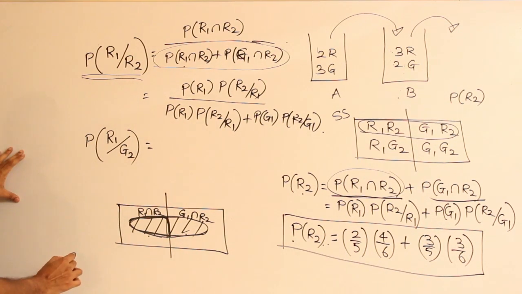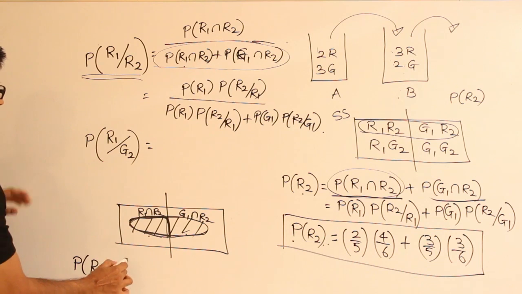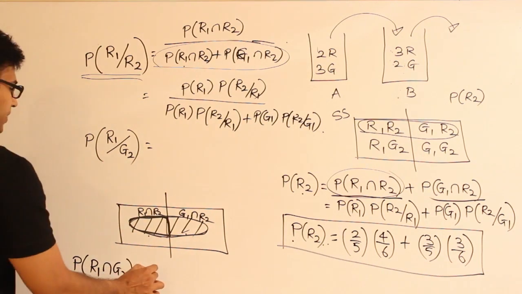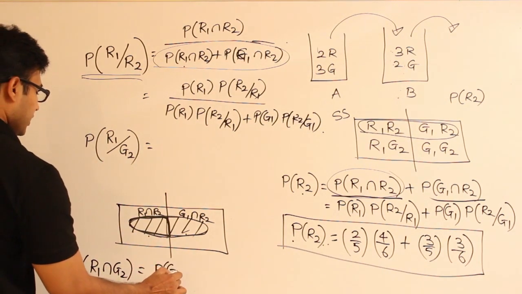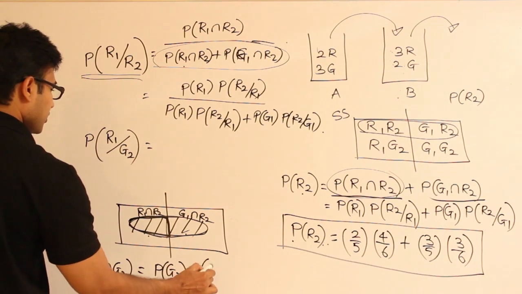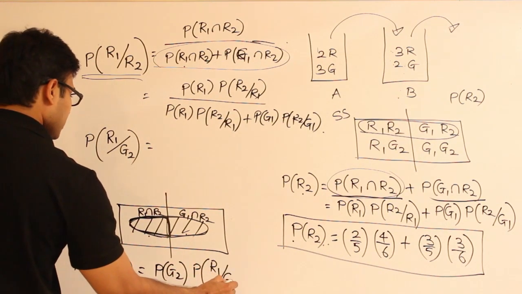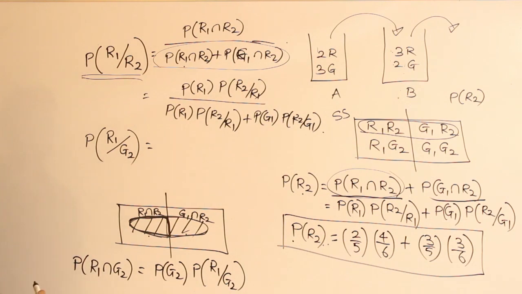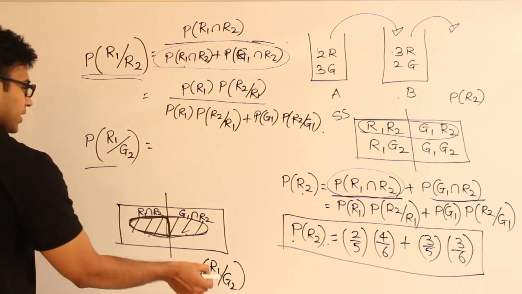See this. Now we know that the probability of first red ball intersection green ball is equal to the probability of green ball into the probability of red ball given green ball, isn't it? Now this is what they are asking.